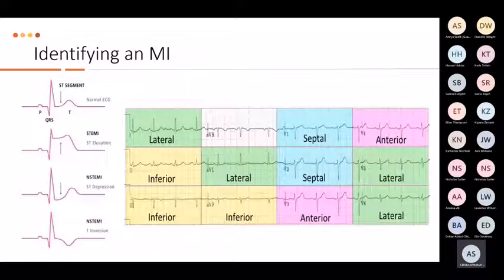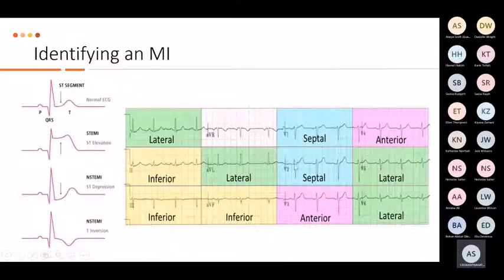Then we've got the different territories that you need to remember as well. The inferior ones are your leads 2, 3 and aVF, and this inferior part is supplied by your right coronary artery. Then you've got your anterior septal, which is supplied by the LAD.